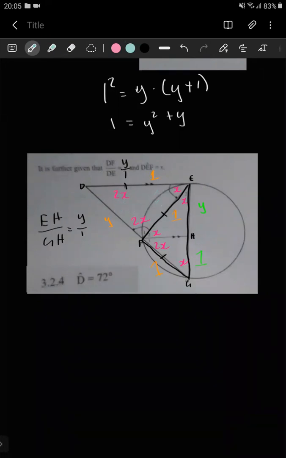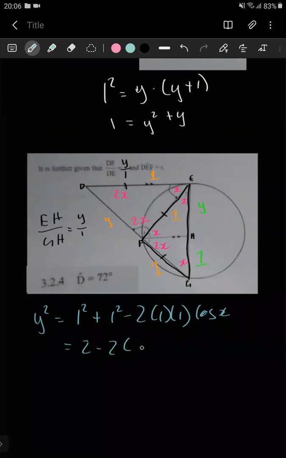So in this first triangle here, if you're going to use the cosine rule, let's use this angle here. If you use this angle, you'll use this opposite side. So that opposite side is going to be equal to 1 squared plus 1 squared minus 2 times 1 times 1 times cos of the angle opposite the Y. So this is going to be 1 plus 1, which is a 2.